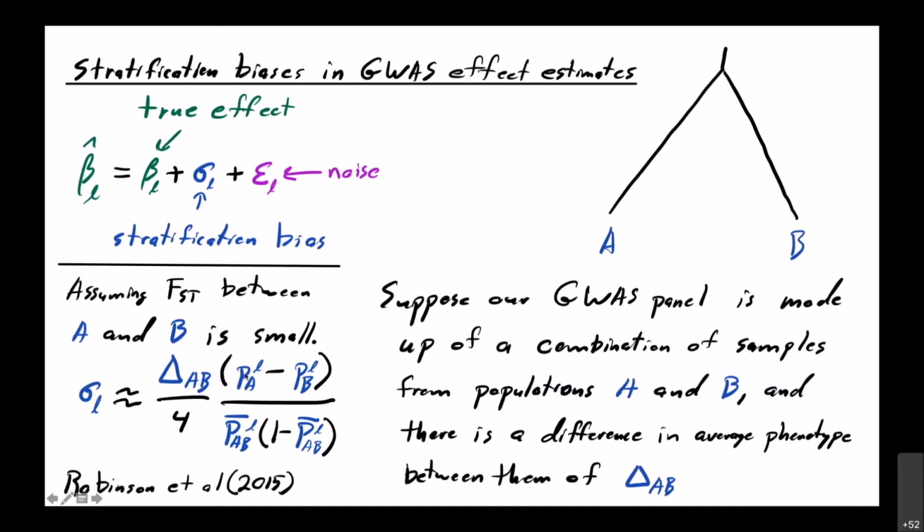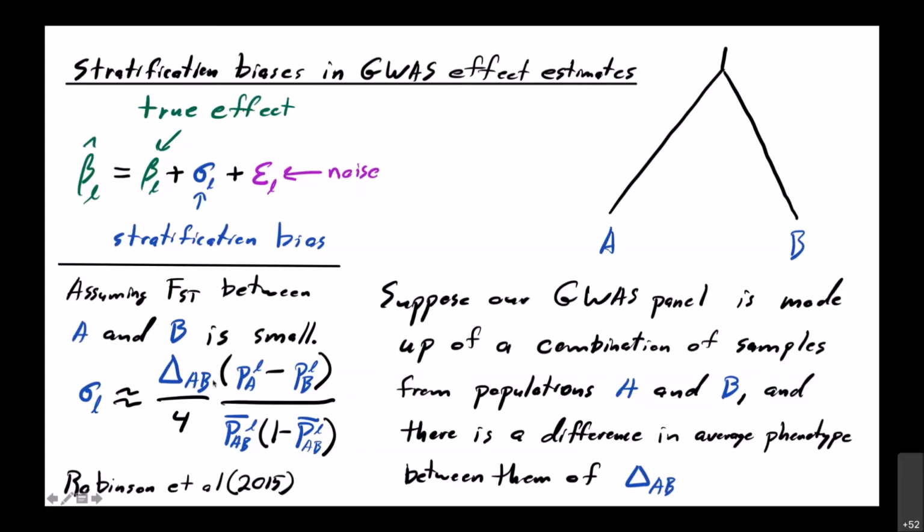And so this product here is just normalized by a numerical constant of 4, and then this sort of heterozygosity in the combined sample of individuals from the two populations. And so we can kind of ignore these terms on the bottom. They're not going to be super important for thinking about the issues here.